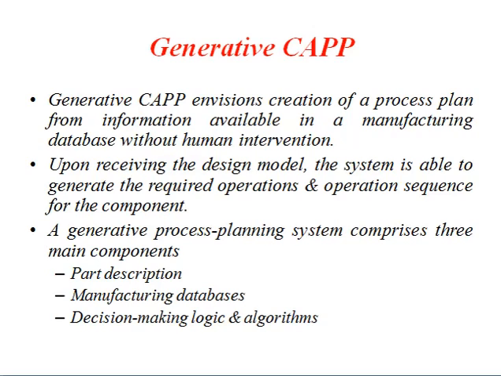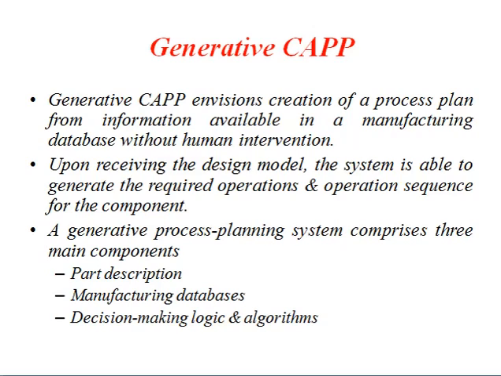Upon receiving the design model, the system is able to generate the required operations and operation sequence for the component. We are planning in such a way that you maintain the sequence of the flow in a standard way.